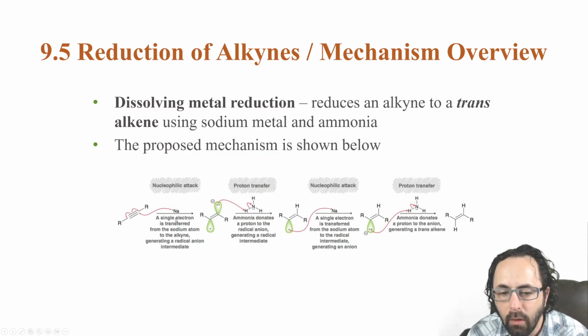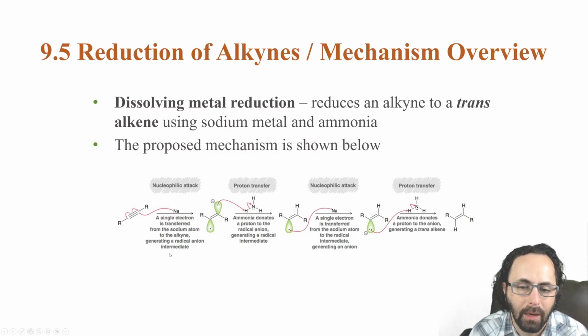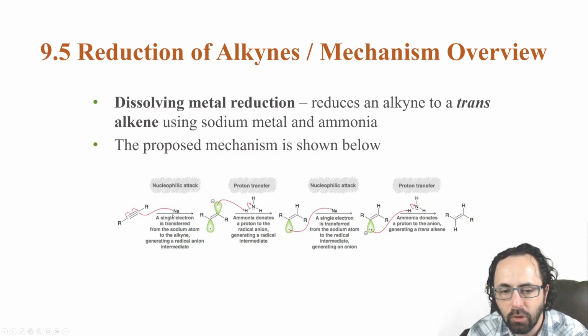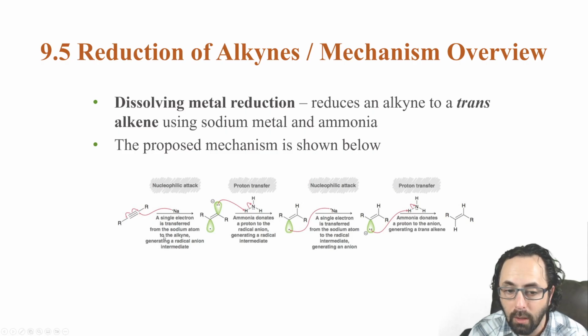And this includes dissolved sodium metal, which has a single electron, and so that initiates a radical reaction. We're going to be discussing radical reactions in more detail when we discuss chapter 10, but when we talk about radical reactions, we use these fishhook arrows that have, instead of a double-headed arrow, a single-headed arrow at the end representing the movement of one electron.